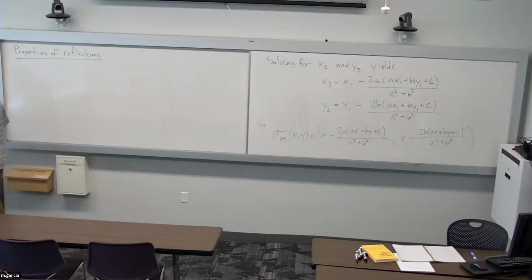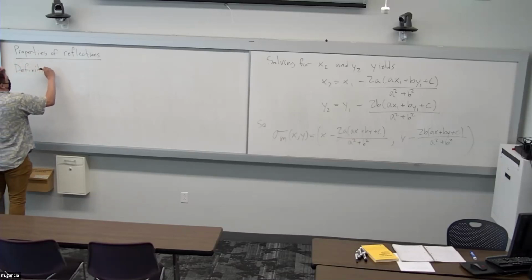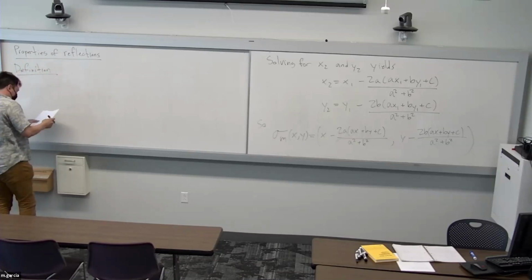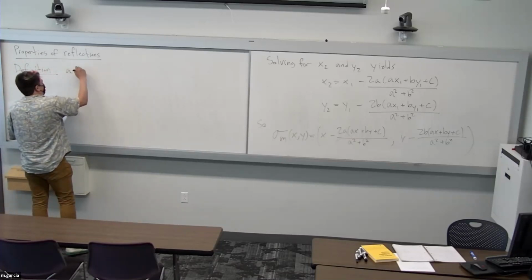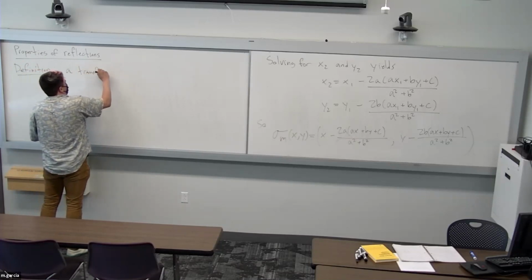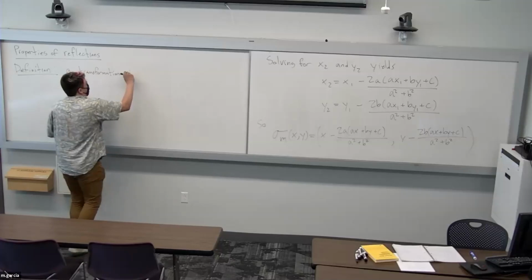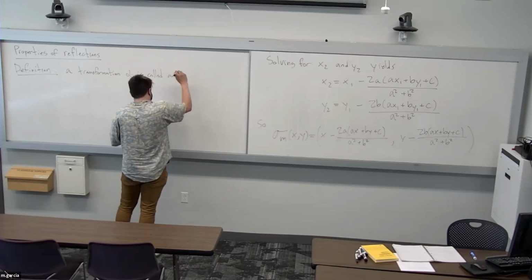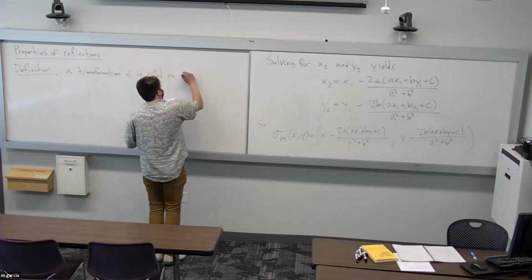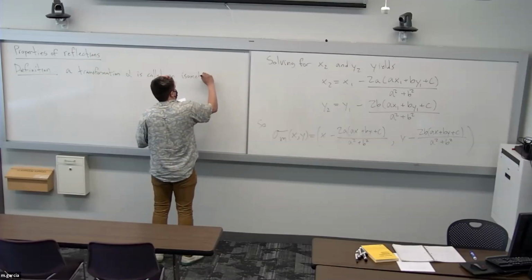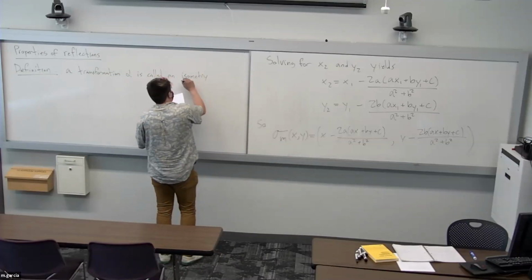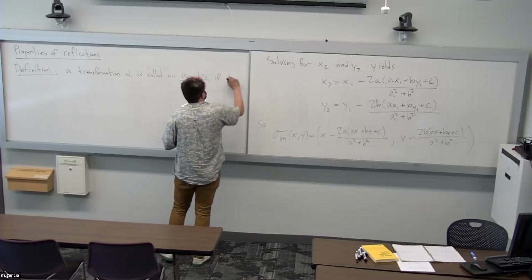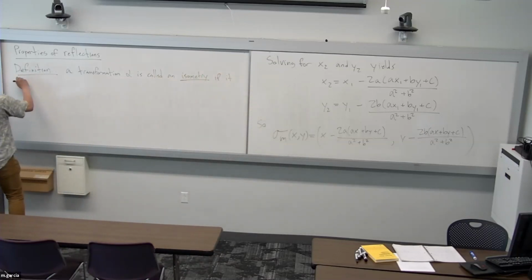Okay. So, a transformation alpha is called an isometry if it preserves distance.